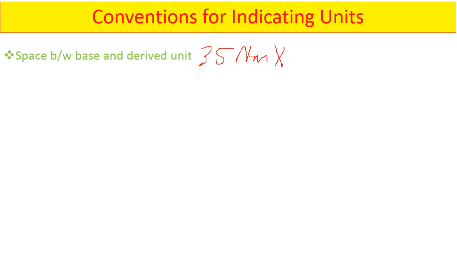If we write like this, 30 N m, that will be correct. That is, there should be a space between base and derived units.